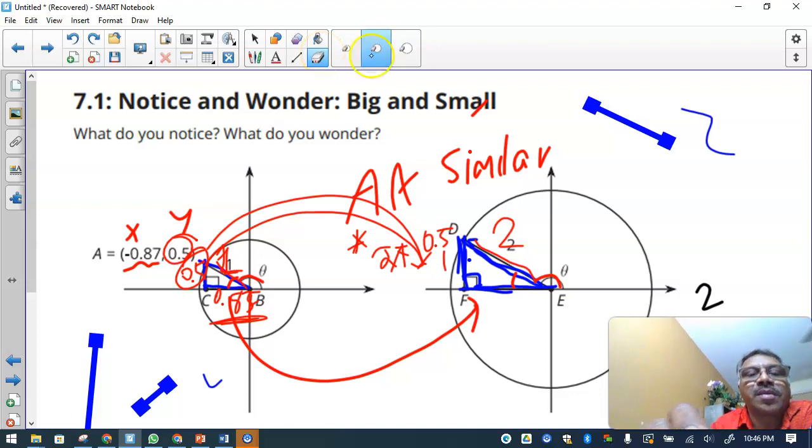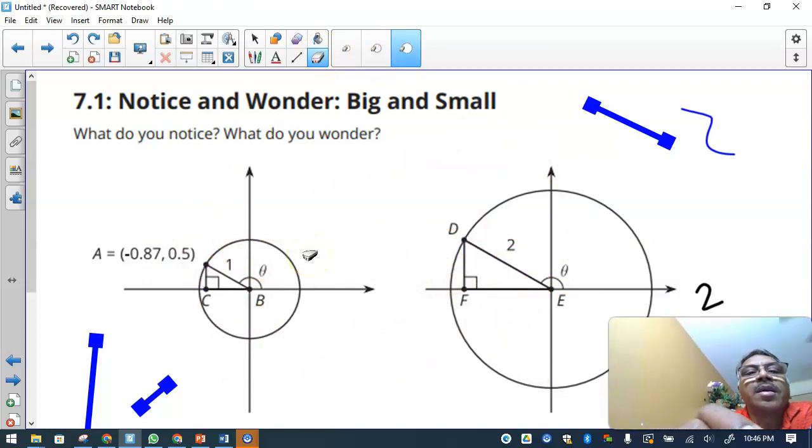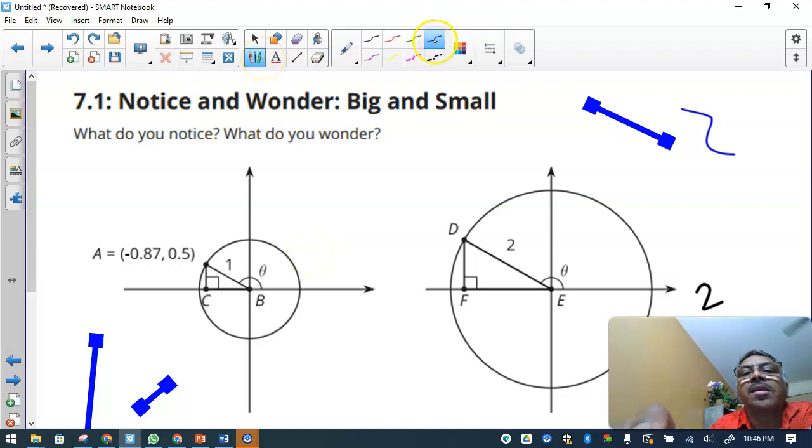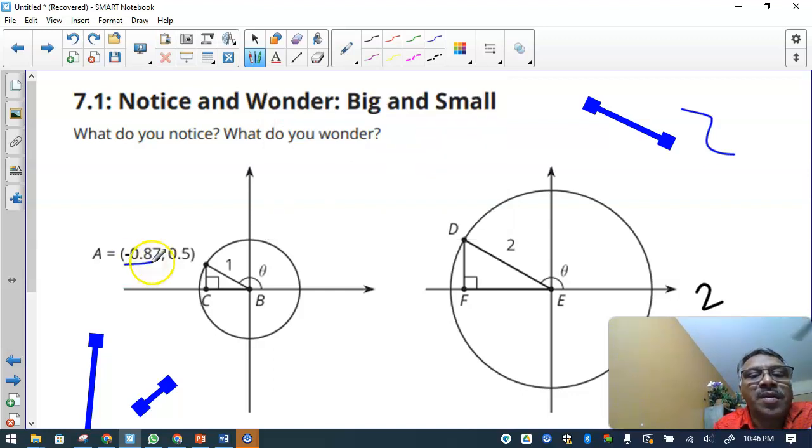I think too many things are going on. So what I'm trying to say is, let's write it down nice and neat. What does this mean? This length is 0.85. So this length is multiplied by 2.